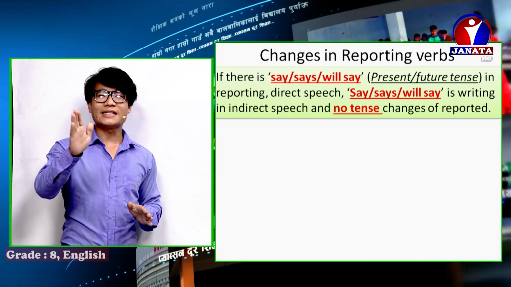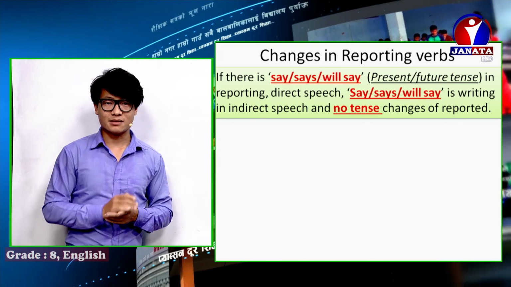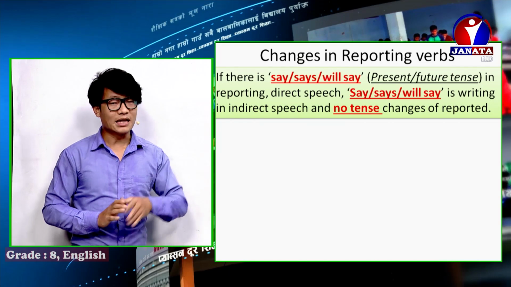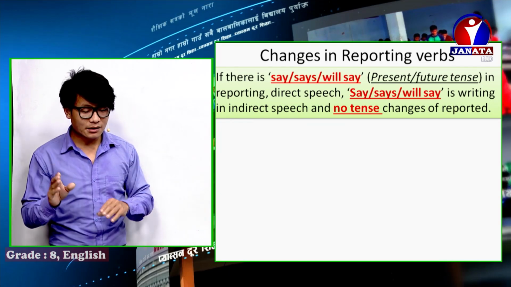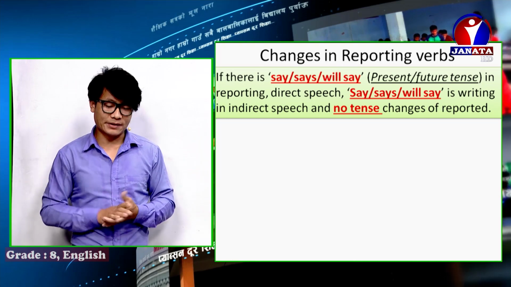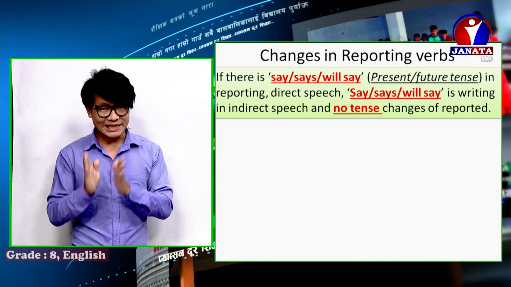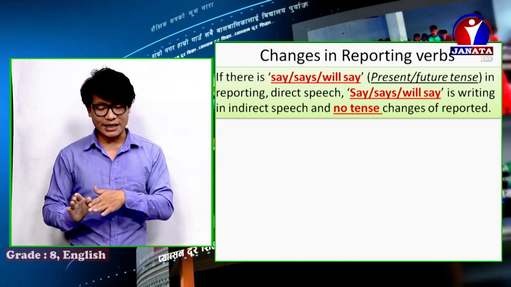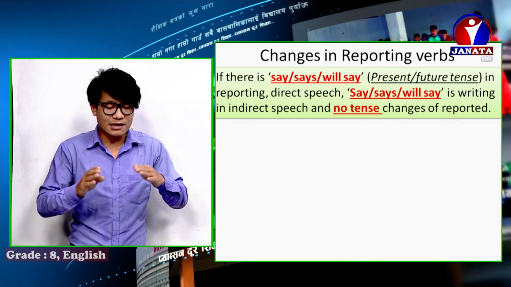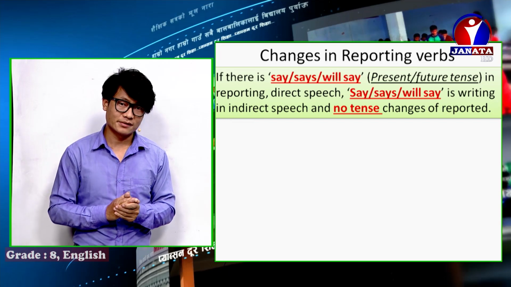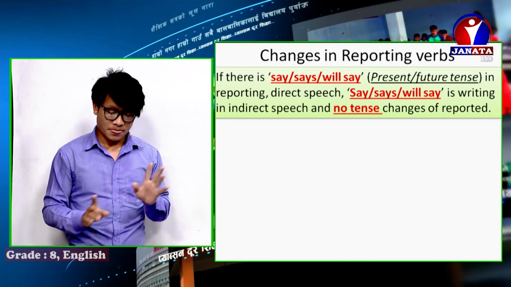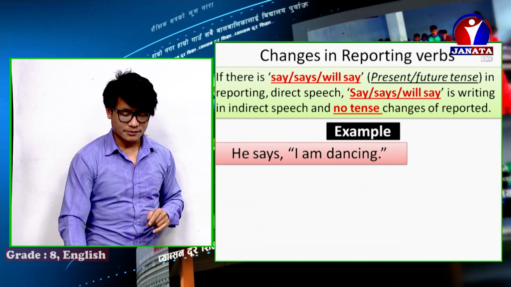If there is say, or says, or will say, that means present or future tense. In reporting direct speech, say, says, and will say is written in indirect speech and there is no tense change of the reported.